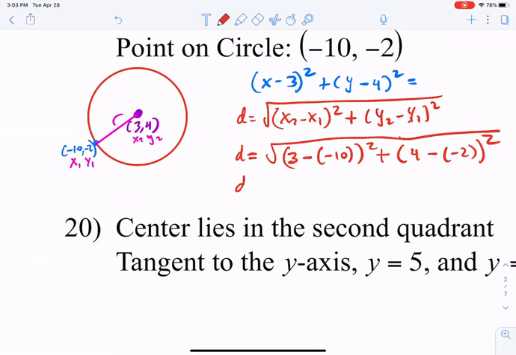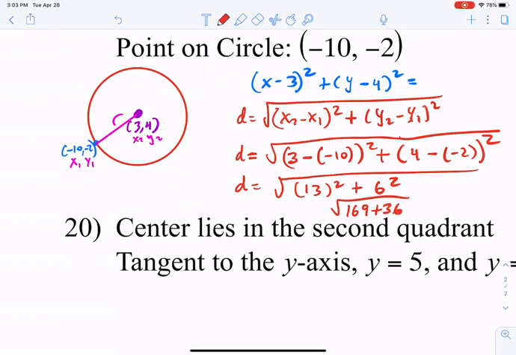So if we compute this, we get 13² + 6². So that will be 169 + 36. If you add these two, you will get 205.